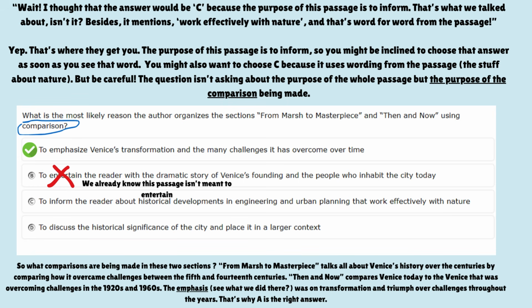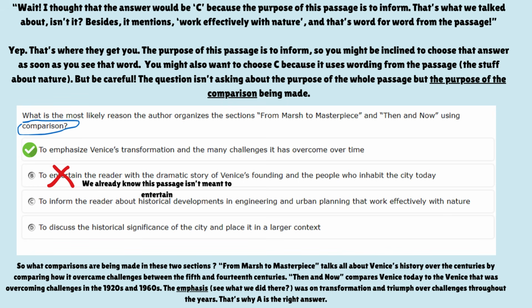The next section, Then and Now, compares Venice today to the Venice that was overcoming challenges in the 1920s and 1960s. But the emphasis, see what we did there? What's the key word in option A, which is the correct answer? The emphasis was on transformation and triumph over the challenges throughout the years. And that's why A is the right answer.